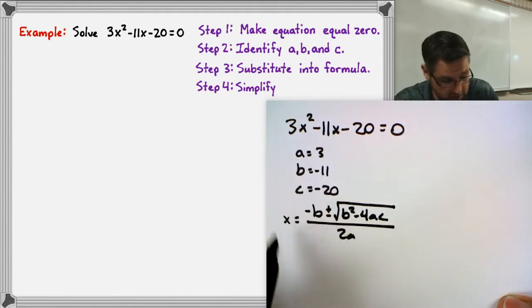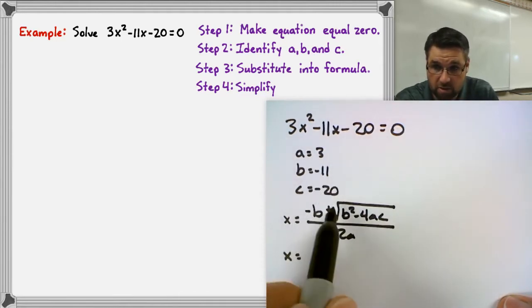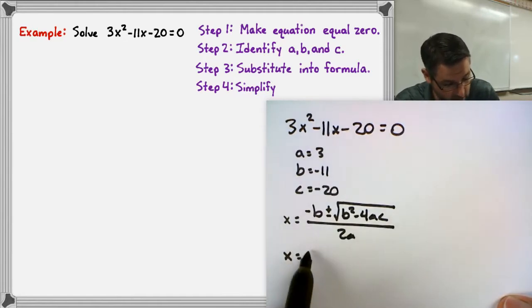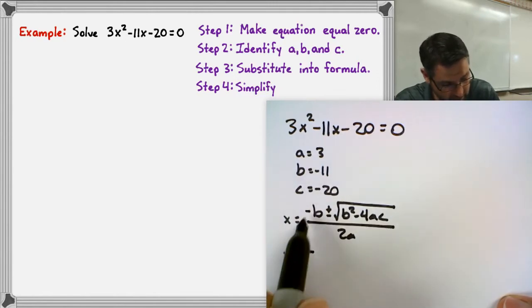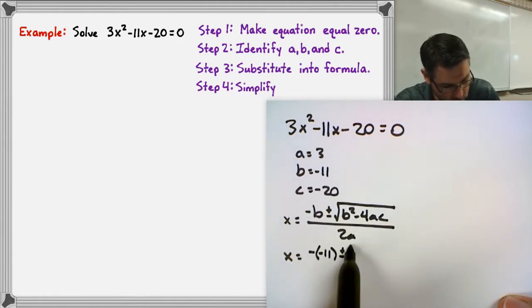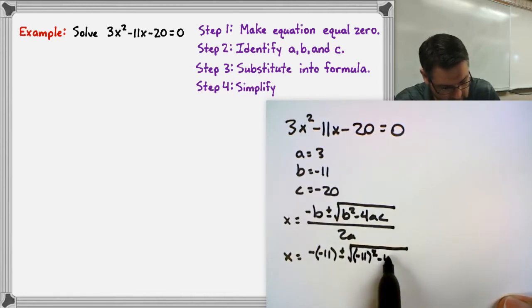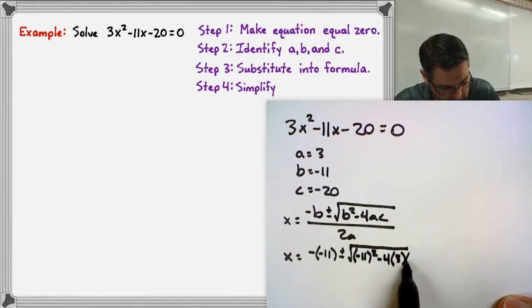Now, when we go to substitute into this formula, we want to put parentheses around all the numbers that we're plugging in so we don't screw up on the signs. So this is negative b. Well, b is negative 11, so we're going to put negative for this negative, and then in parentheses, we're going to put negative 11, negative b, plus or minus the square root of b squared, so parentheses, negative 11 squared, minus 4 times parentheses, the a, which is 3, and then the c value, which is negative 20.